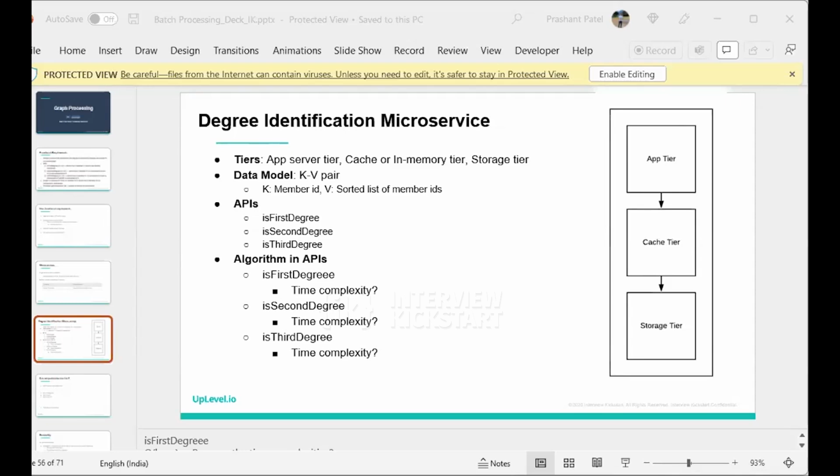I haven't personally used graph DB as such, but there are databases which are specially meant for such use cases wherein there are multiple nodes, nodes have properties, and there are associations between nodes, right?